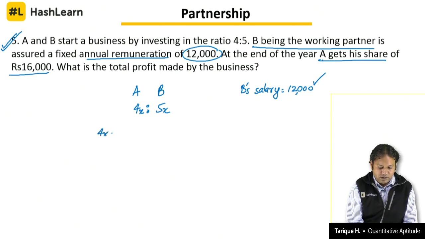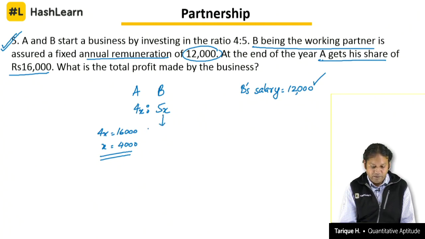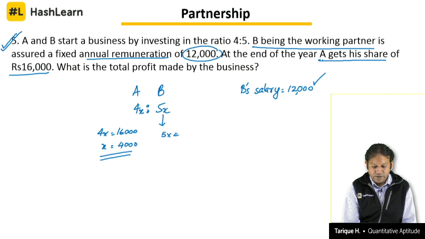That is 4x is equal to 16,000, or x is equal to 4,000. If x is equal to 4,000, that means B's share of profit should be 5 into 4,000, that is 20,000. So what is the total profit then?